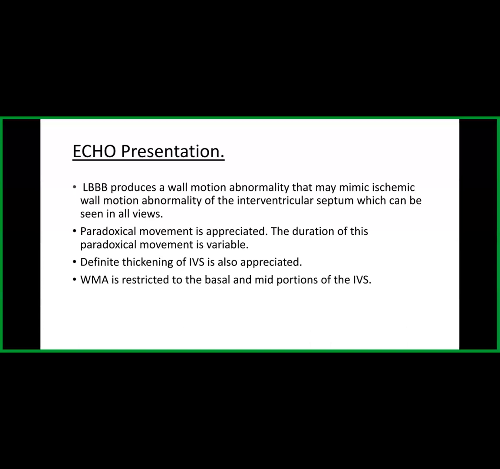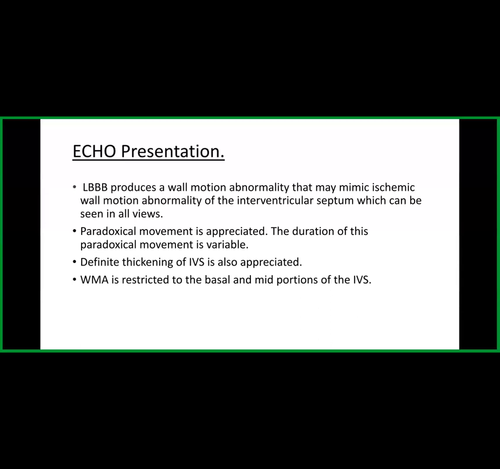Okay, so basically in echo, a left bundle branch block will produce a wall motion abnormality. This wall motion abnormality will mimic some criteria of ischemic wall motion abnormality of the IV septum, and it might be present with or without structural heart disease.